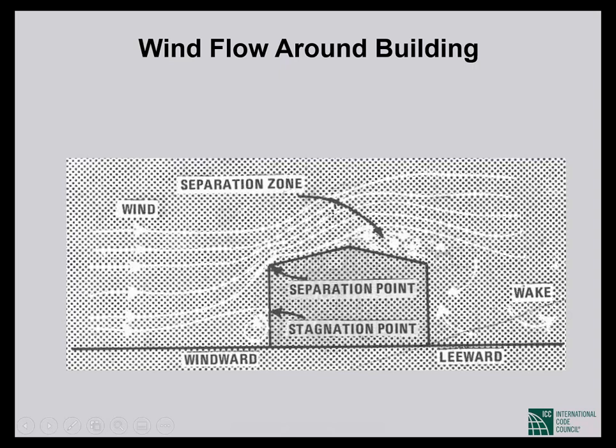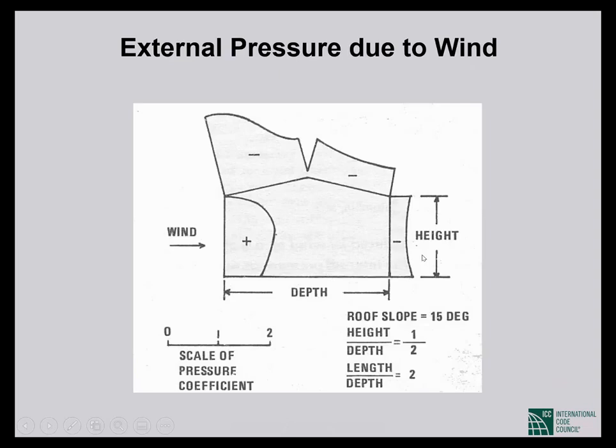Okay, it has no choice. And in the process of doing that, it applies pressure to the windward face of the building. It actually applies suction, negative pressure, to the leeward face, the side faces, and also the roof of the building. So this is typically the pressure distribution.